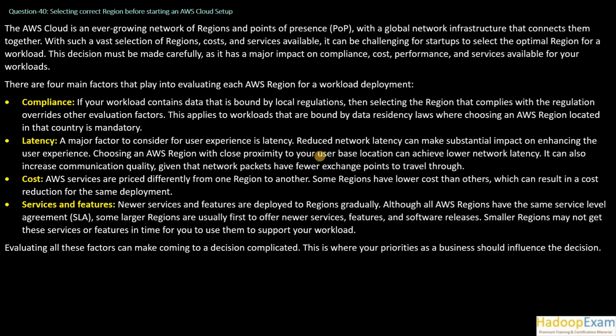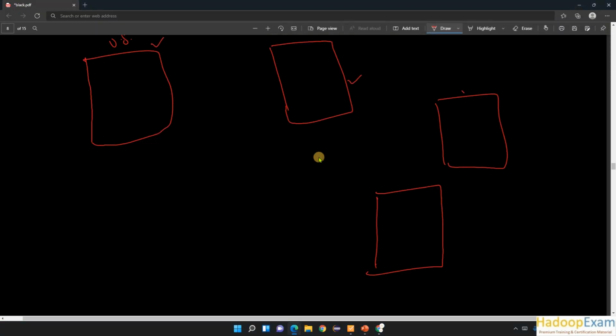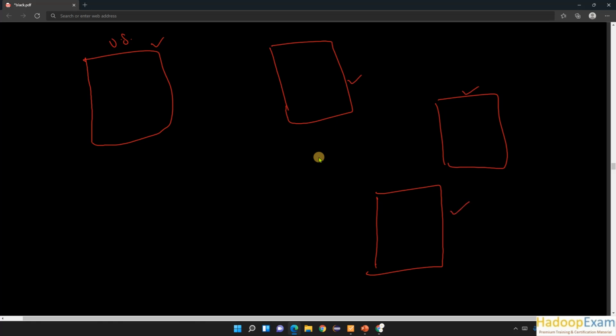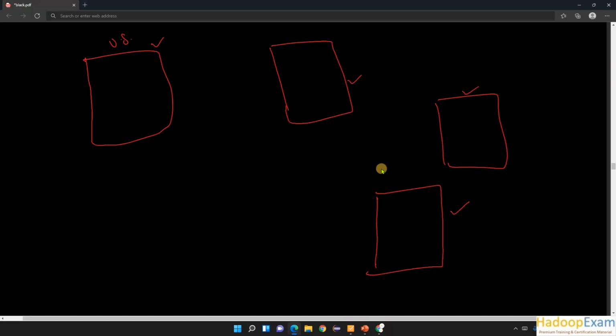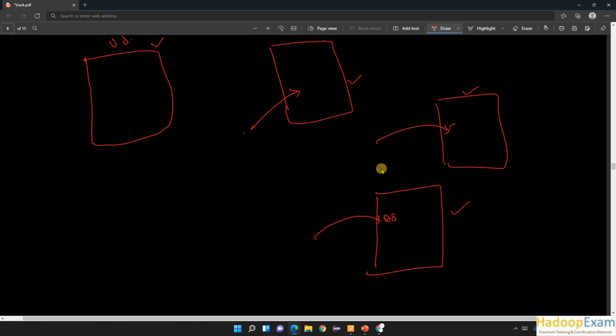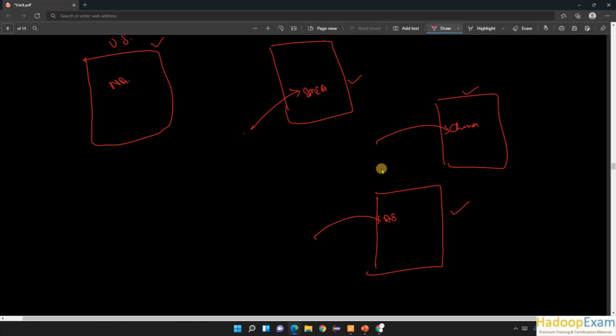With this vast selection of regions, there are a lot of regions, correct? You can check the list of all available regions. These are just examples. When you select the region, whether I need to deploy in Asia Pacific, or in EMEA, or in the China region, or North America East Coast or West Coast, or South America, which region do I need to deploy in?